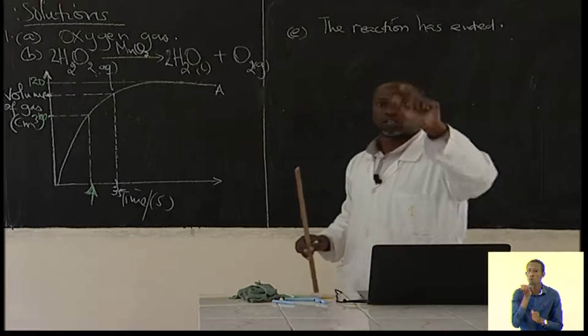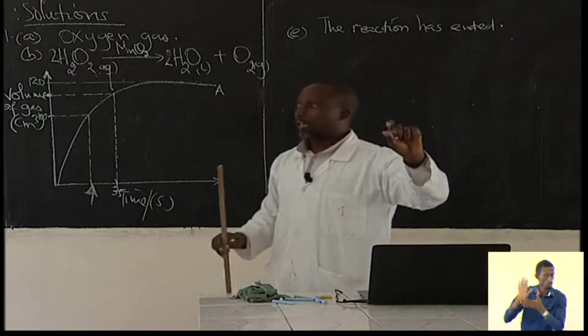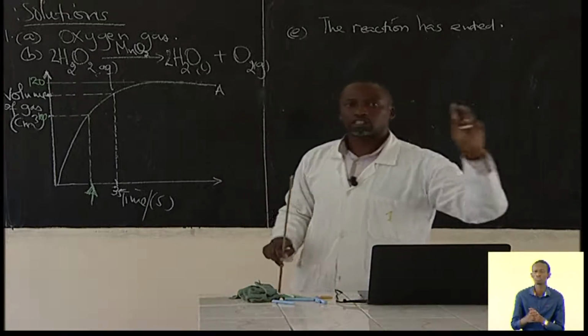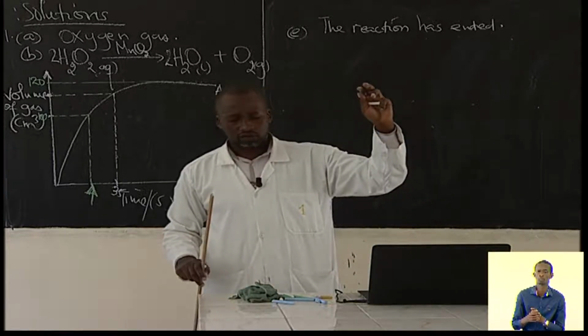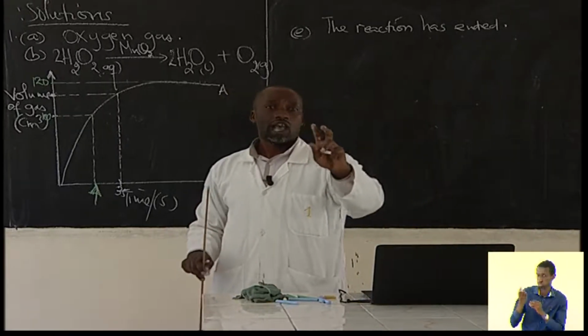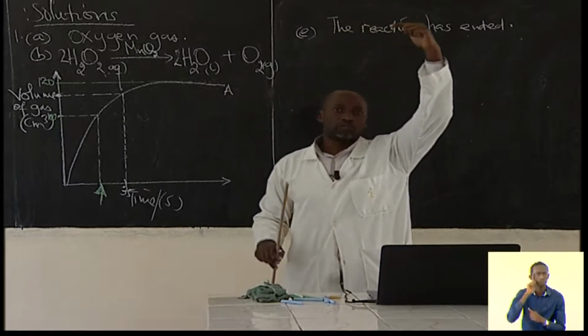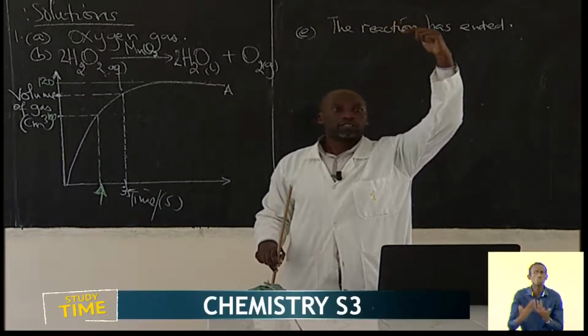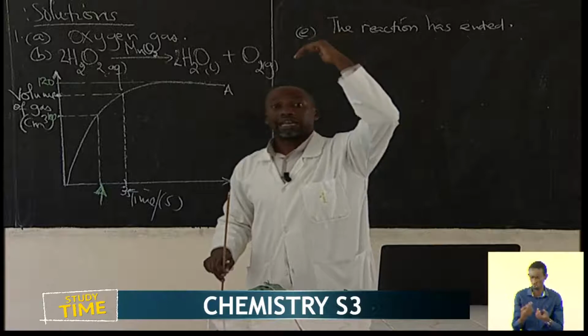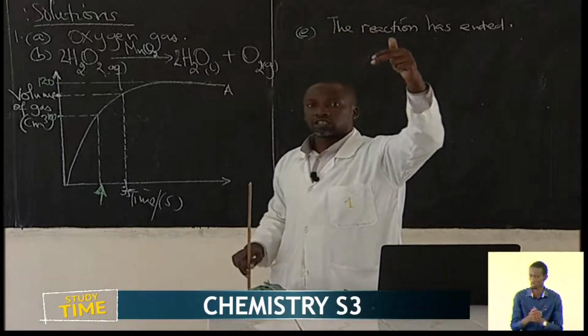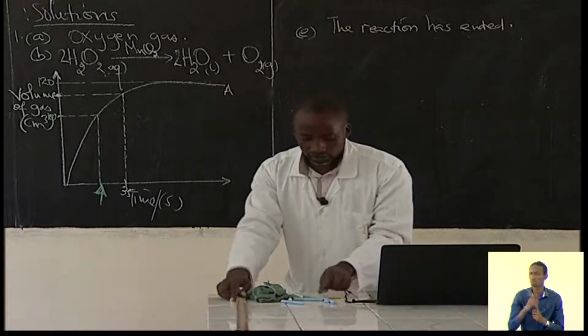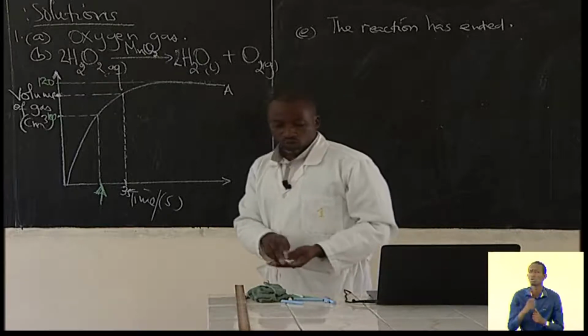Now, the first graph we drew, the experiment was taking place at 25 degrees Celsius. Assuming the temperature has now been raised, what happens? So that means the rate of the reaction would have to increase, and we would expect the graph to move.